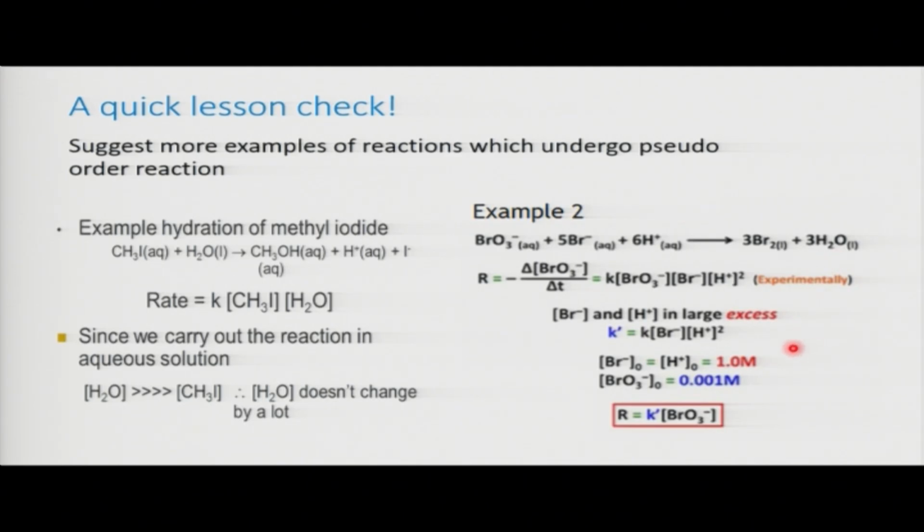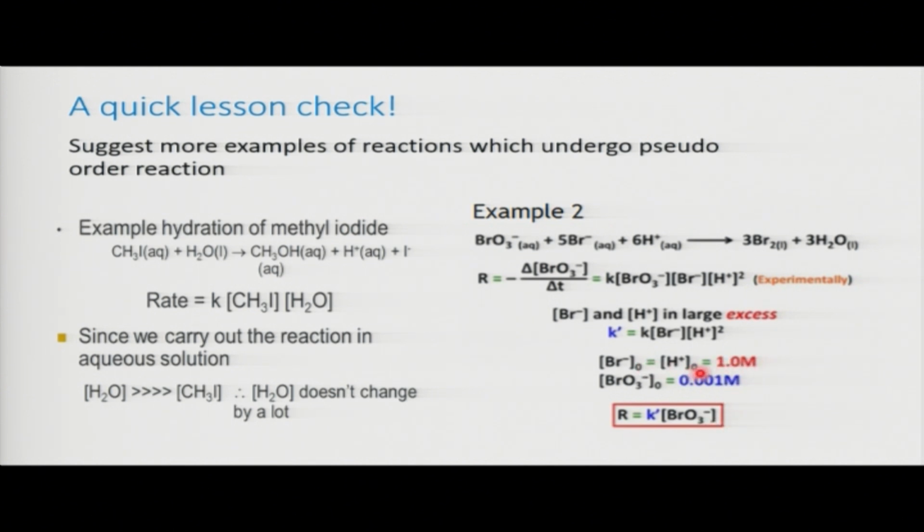From this, the concentrations of hydrogen ions and bromide ions are far greater compared to the concentration of bromate. You see? This is 1, this is 0.001. This concentration is far greater than this concentration.